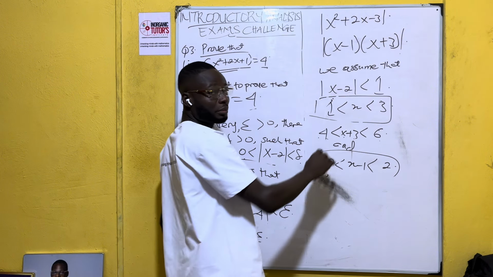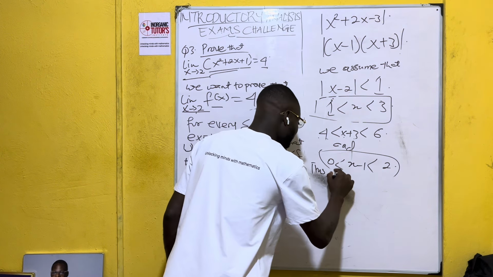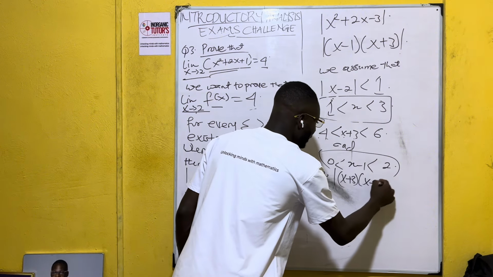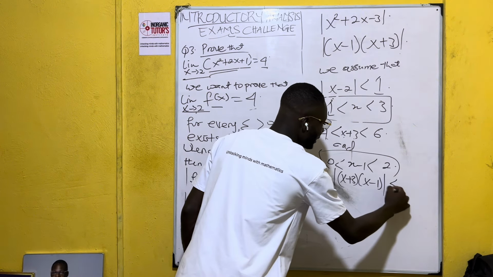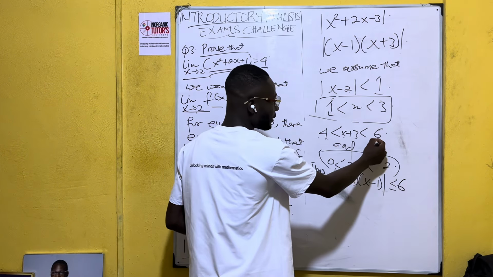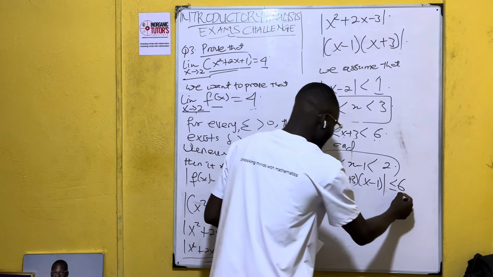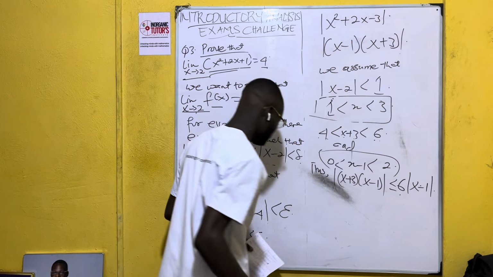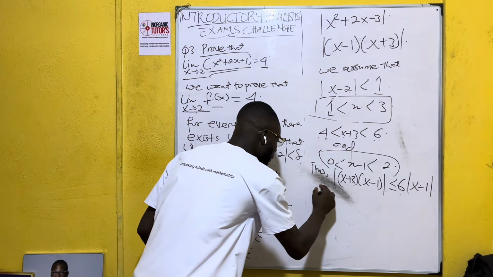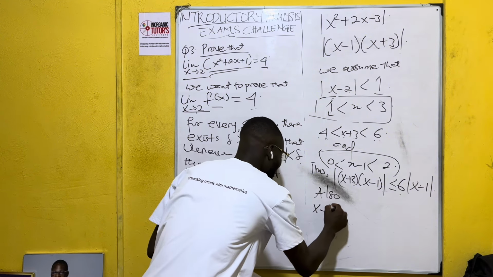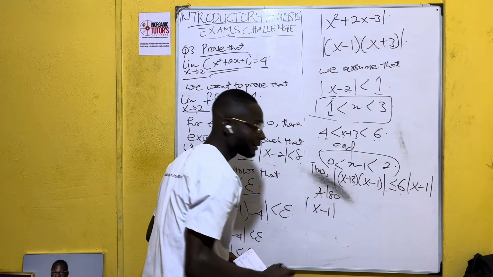you have been able to bound the expression, we have the absolute value of x plus 3 times x minus 1 to be less than or equal to 6 times the absolute value of x minus 1.